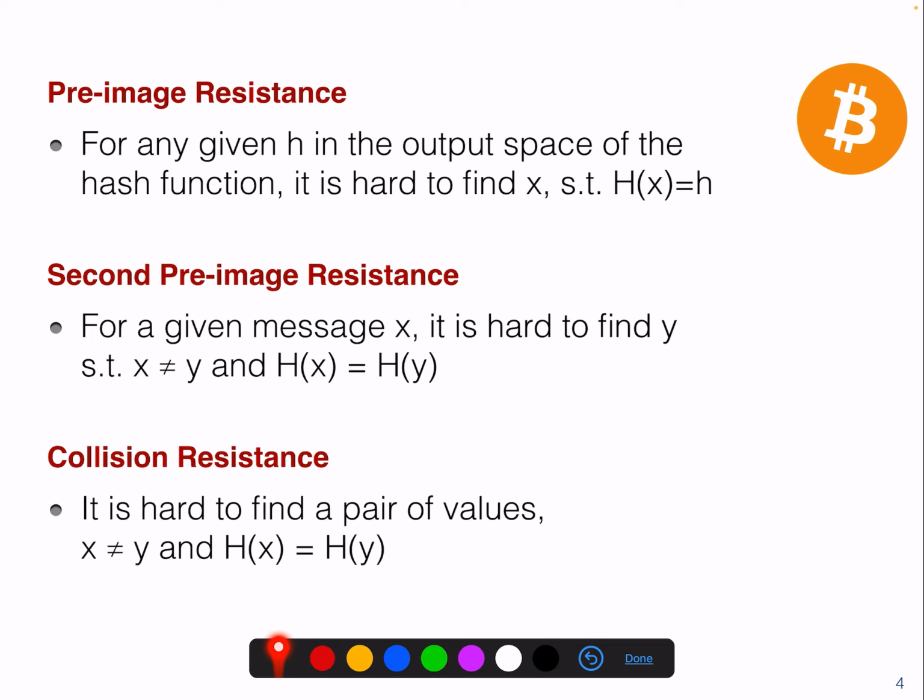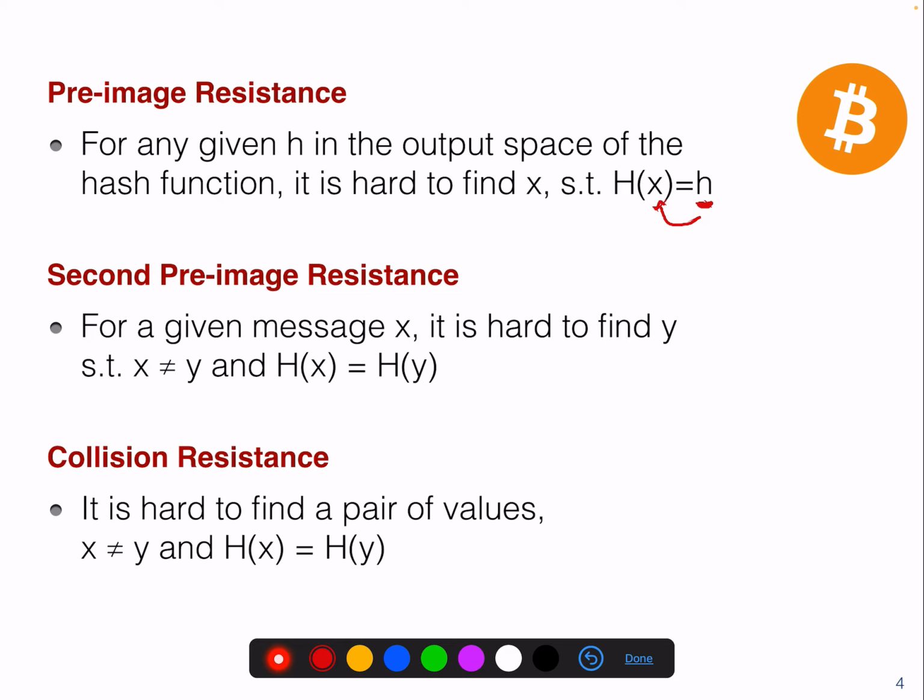So if you have an output h, it should be hard to find an x which yields that h from the hash function. This is the so-called preimage resistance.